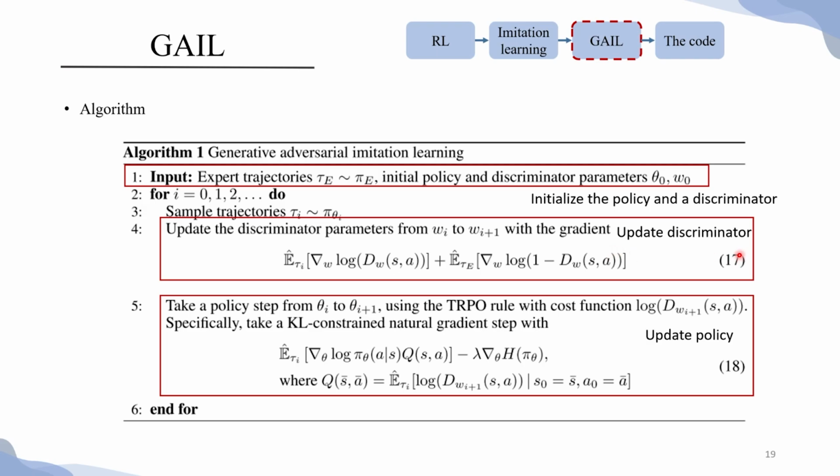Then update the discriminator weight and policy weight at the same time. The fact that the discriminator and policy are updated at once is different from existing previous imitation learning.